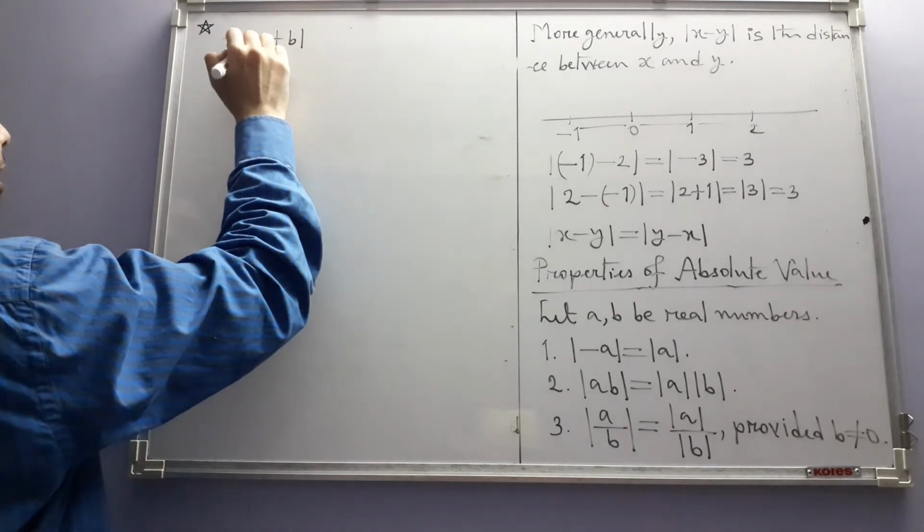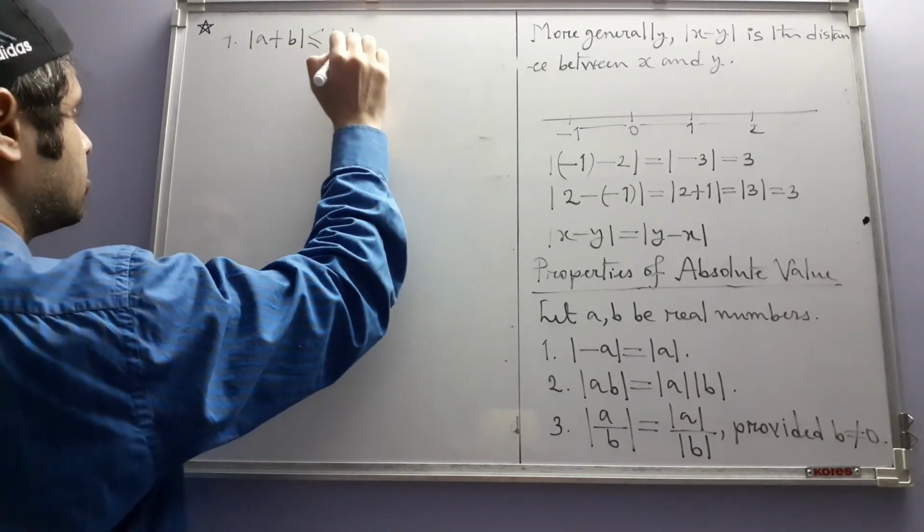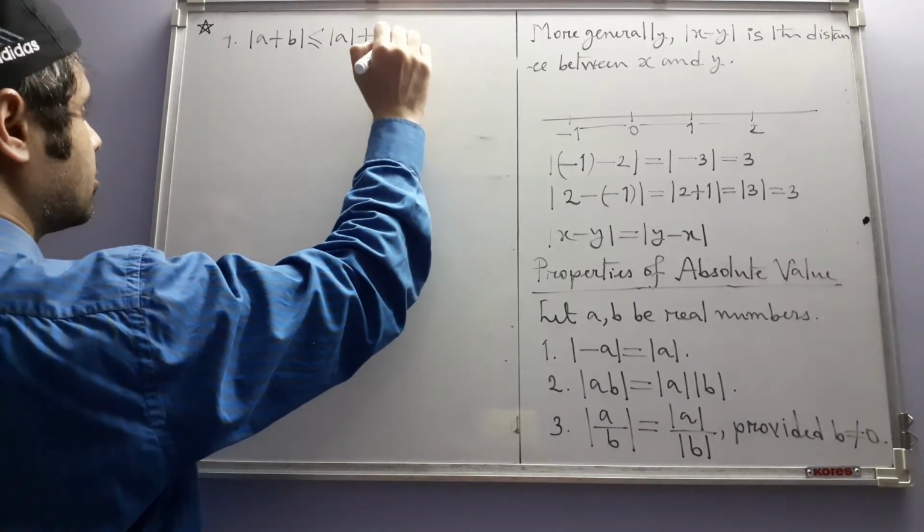The absolute value of a sum is less than or equal to the sum of their absolute values.